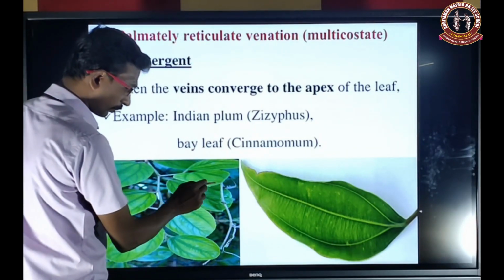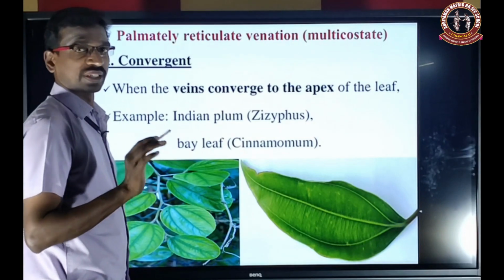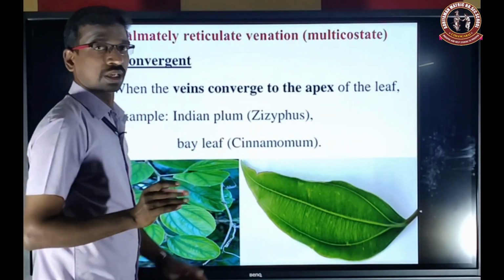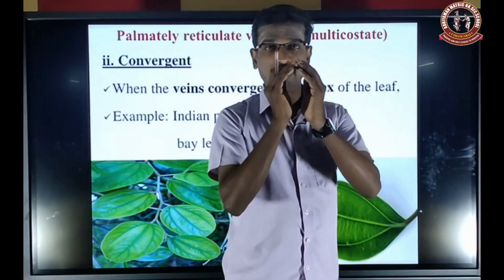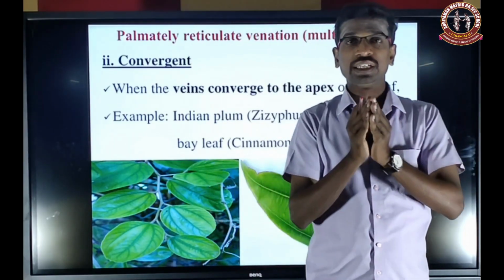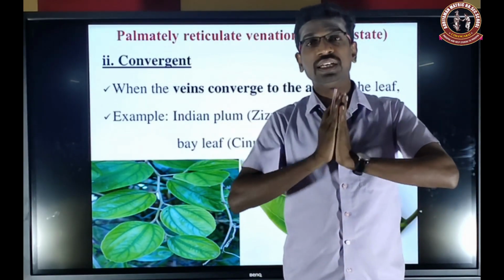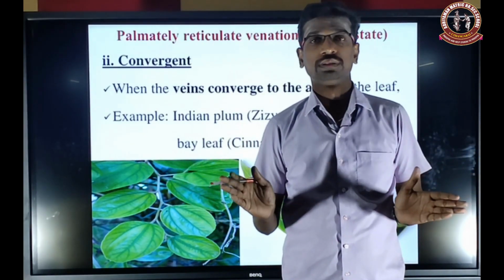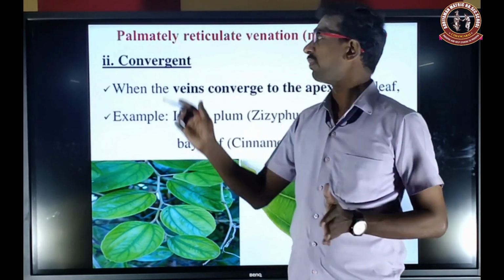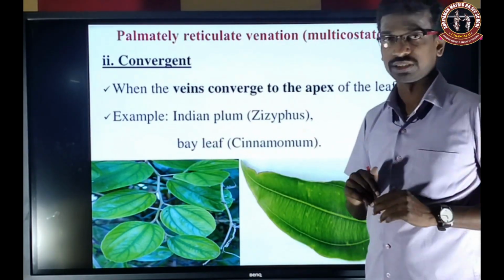Convergent means they meet at one point; divergent means they diverge from one another. These are the two types of palmately reticulate venation.